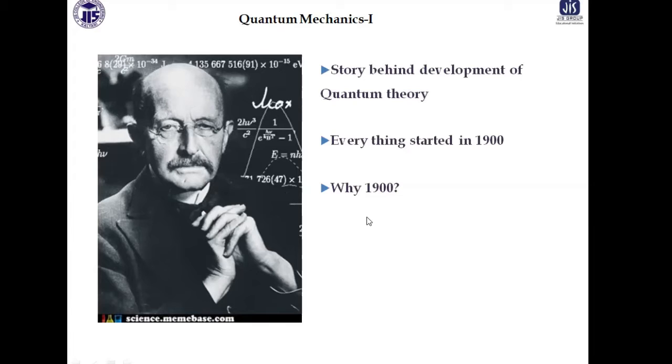So I'll talk about some experiments that were carried out between 1900 and 1927. These are wonderful and crucial years in the history of physics, where each experiment at the end of the day is going to give you one new concept. Which new concept it gives, we will come to know at the end of the day. So this is called the theoretical development of quantum mechanics.